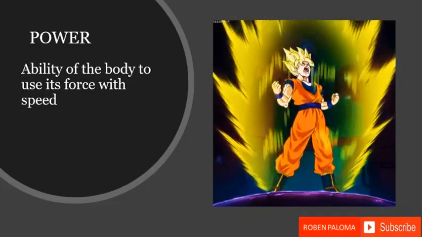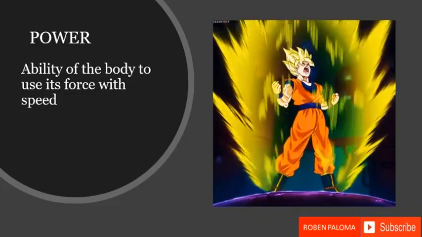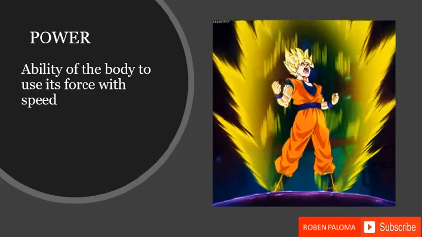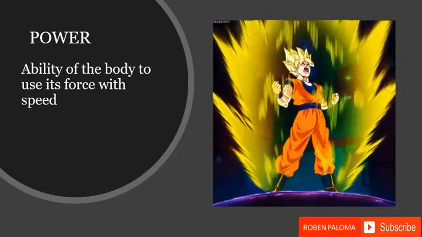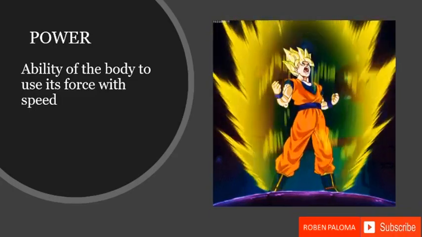An example of that will be this one. Example, there are two collisions. One collision is made by two cars with fast speed, and another collision is made by two cars with moderate speed. Which do you think will have a greater force or impact?